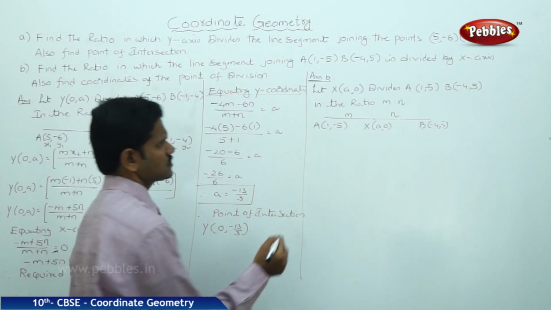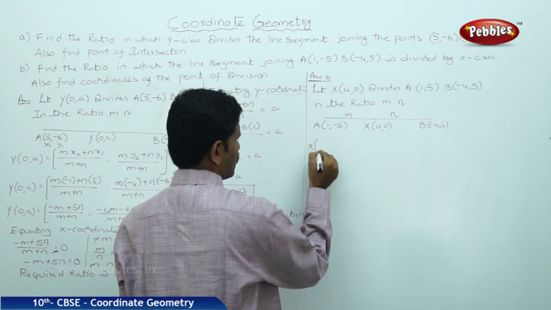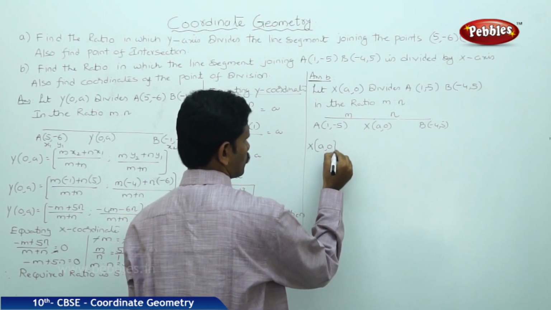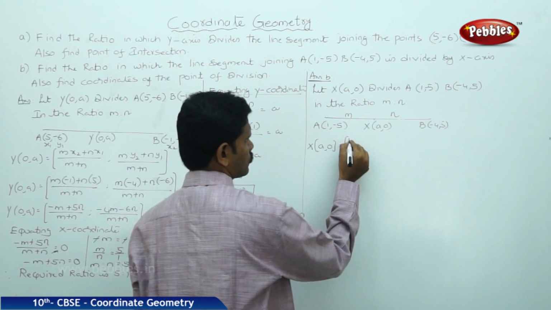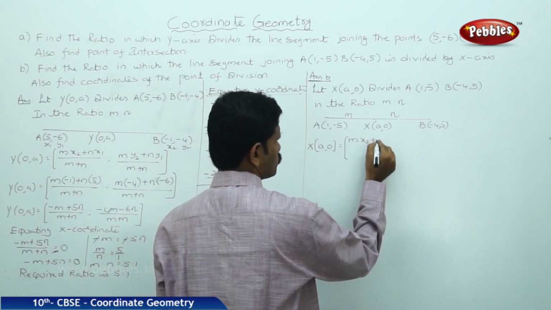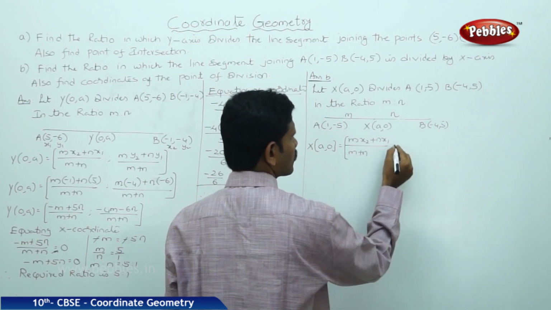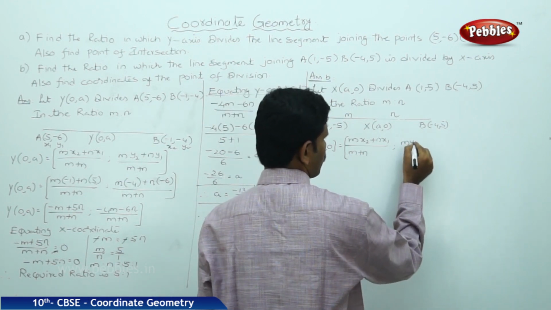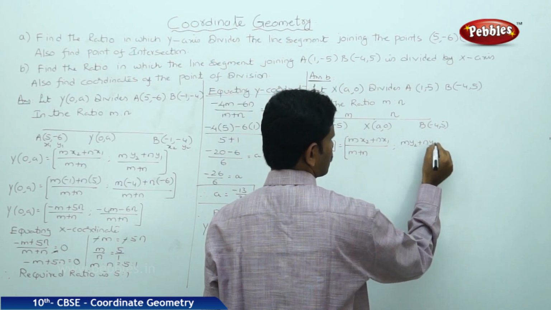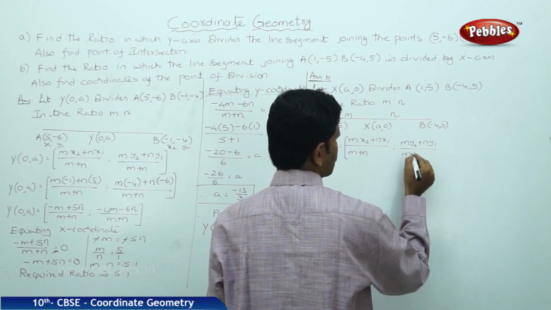That is, X of (a comma 0) equal to (mx2 plus nx1) by (m plus n), (my2 plus ny1) by (m plus n).